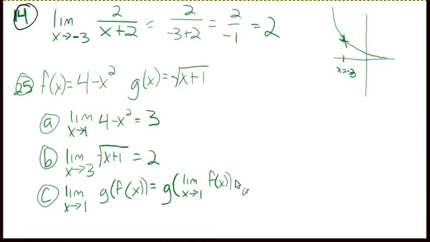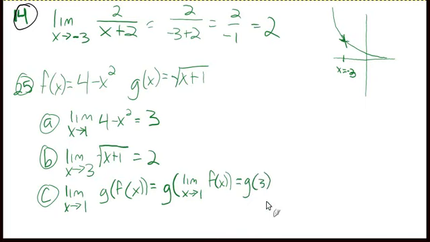Okay? Alright, good. So now let's do this part right here. What's the limit as x approaches 1 of f of x? Well, we just did that. The limit as x approaches 1 of f of x is 3. So we've got g of 3. And the limit part is over.